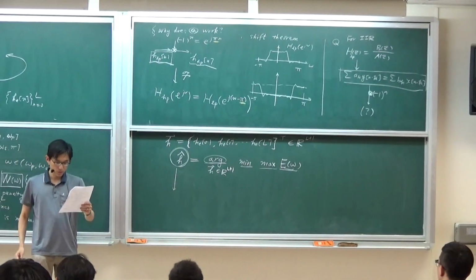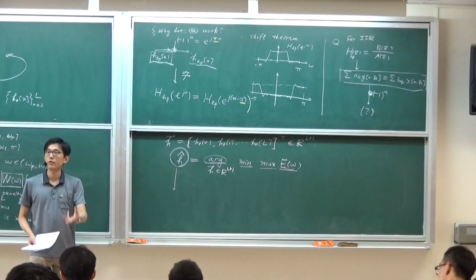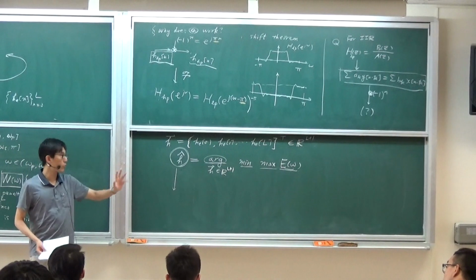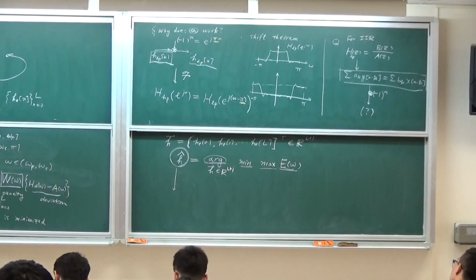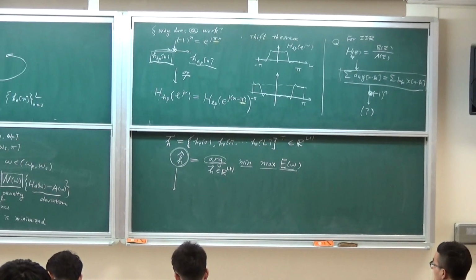Let me stop here and give you a preview for Thursday. We continue talking about this. It turns out that it's easier to think not in terms of H, but in terms of those Chebyshev coefficients. This Chebyshev polynomial is going to be useful.